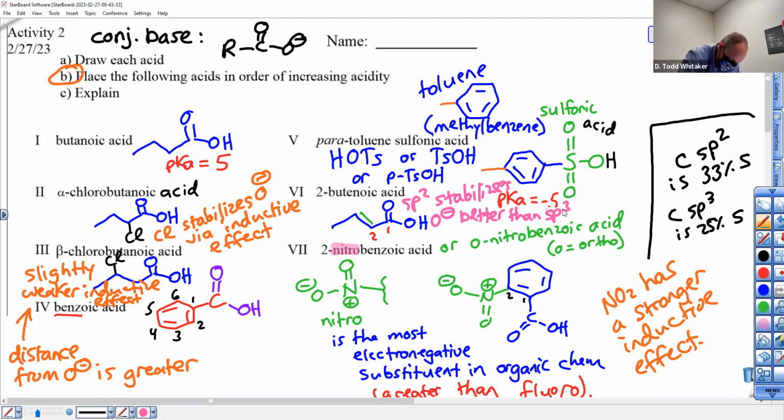I'm going to name this the hybridization inductive effect. This makes it easier to remember.